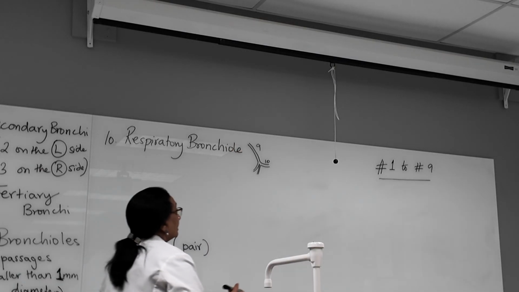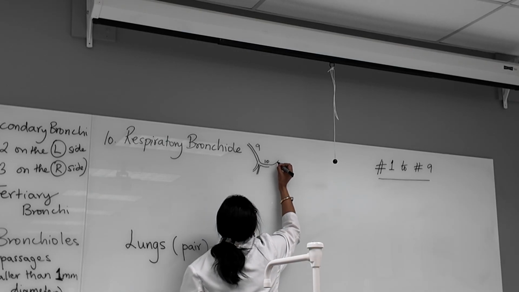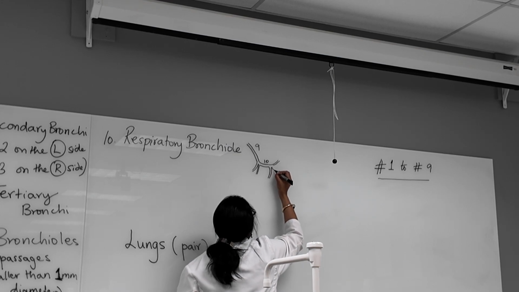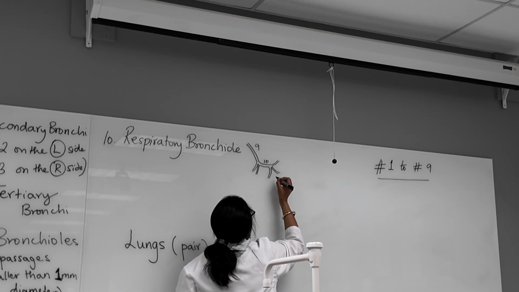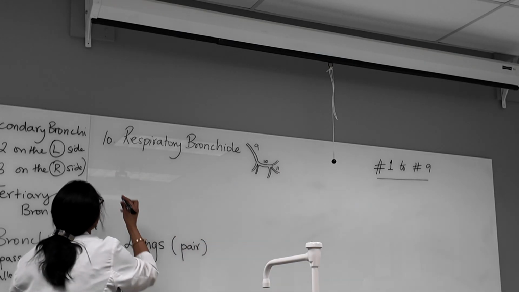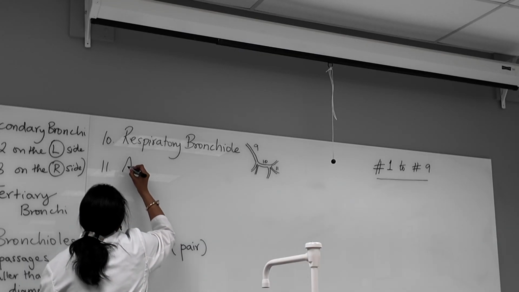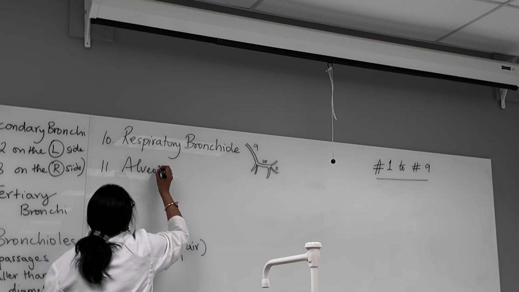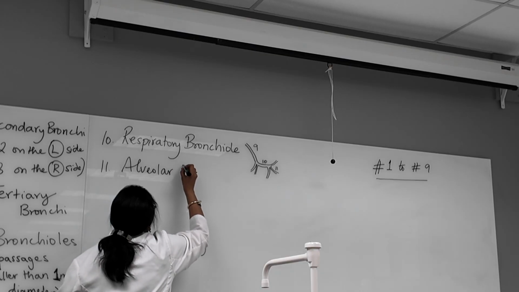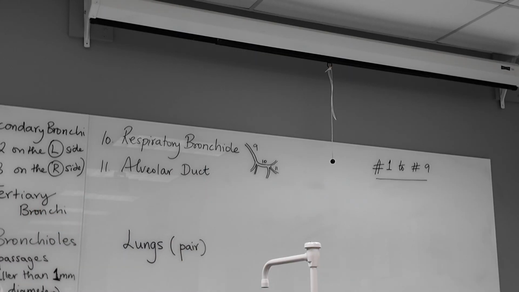Okay. Then this 10 will again further become small branches like that. Number 11. Alveolar duct. Alveolar duct.